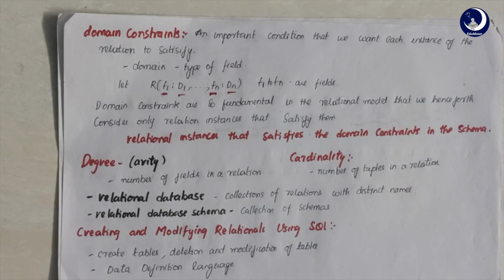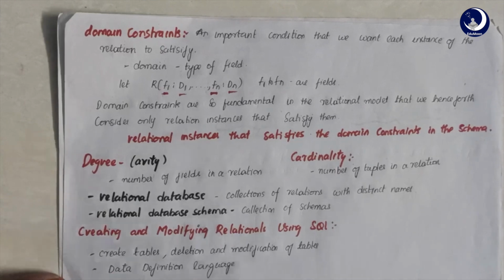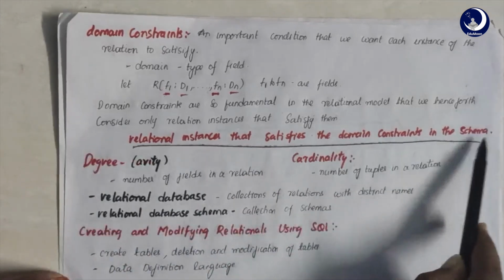If the relation instance does not satisfy our domain constraints, we are not going to consider it as an instance. We will not take those values and will not store them in our table. So we conclude that the relation instances are those that satisfy the domain constraints in the schema.